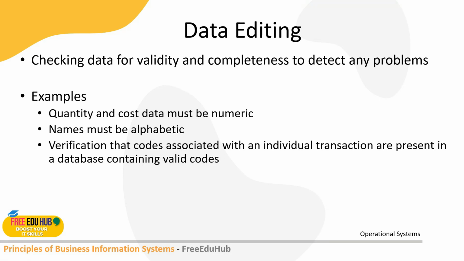Now the examples could be that the quantity and the cost must be numeric so that it can read it easily. The names must be alphabetic. Then there is verification that the codes associated with the individual transactions are present in the database containing the valid codes. So if you're scanning it and it's not able to find anything related to that in the main database, it won't process it, and you'll have to check the proper details of it.